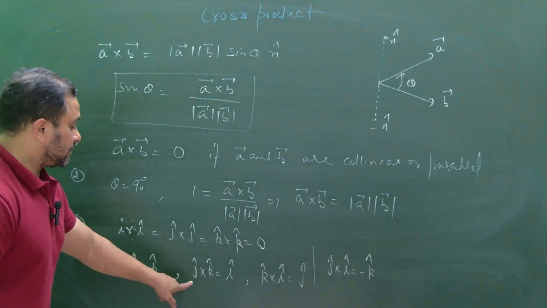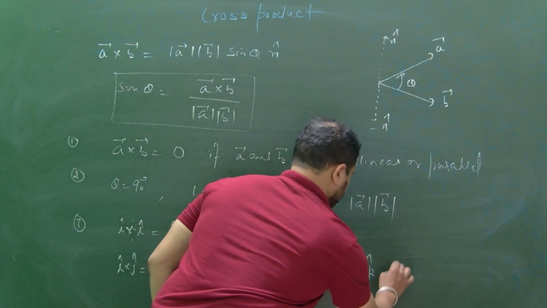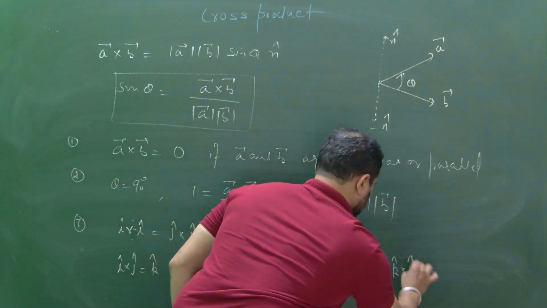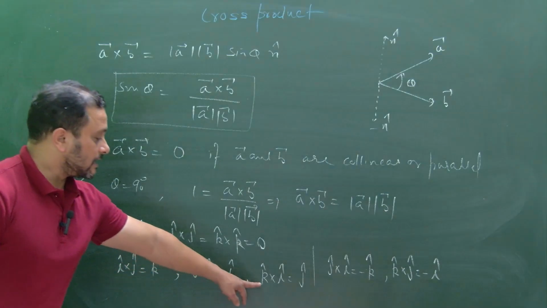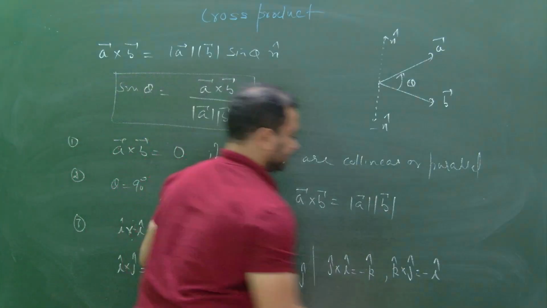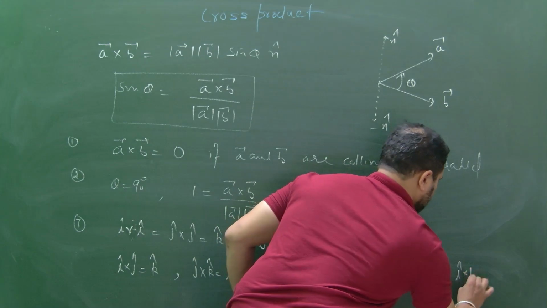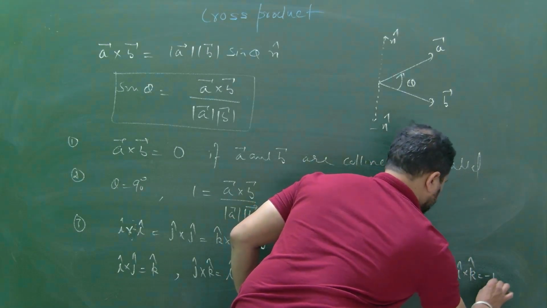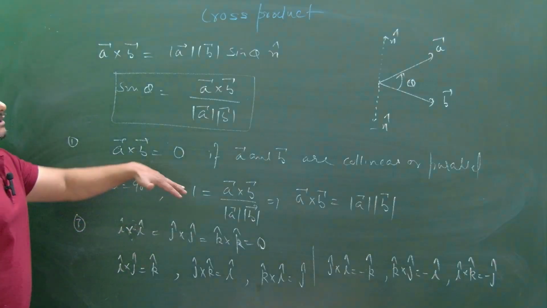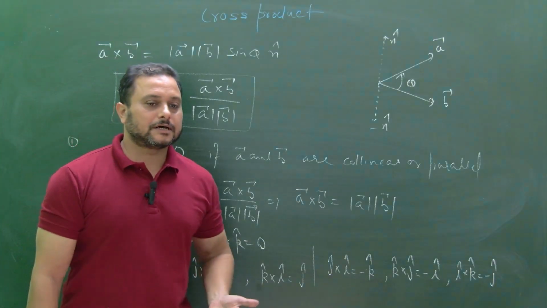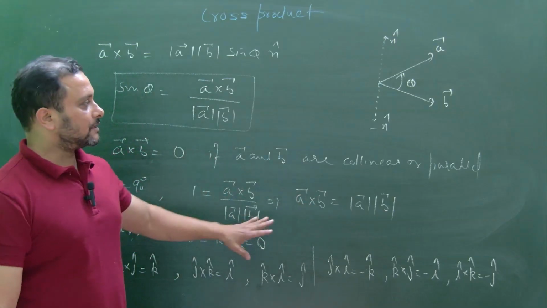Further, k cross j will lead to minus of i. And the last, i cross k is equal to minus of j cap. These are the basic terms. If we are going to do questions on the cross product, we have to keep these basic terms in mind along with this formula.